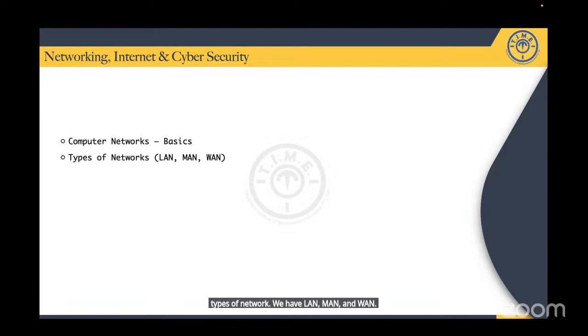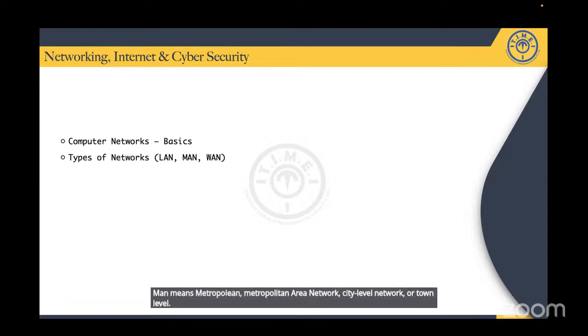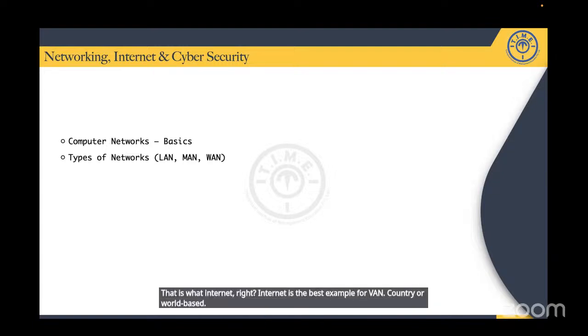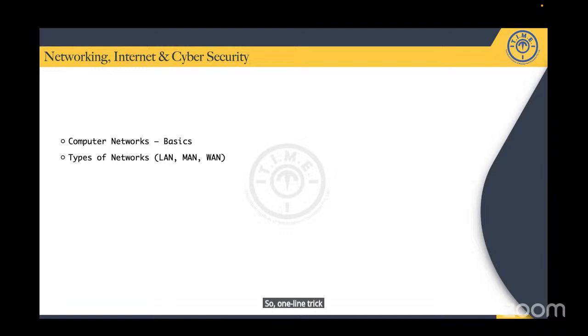LAN means local area network, small areas like office, school, and lab. MAN means metropolitan area network, city level or town level network. WAN, wide area network, that is the internet, right? Internet is the best example for WAN, country or world based. So a one line trick is LAN means room, MAN means city, WAN means world.